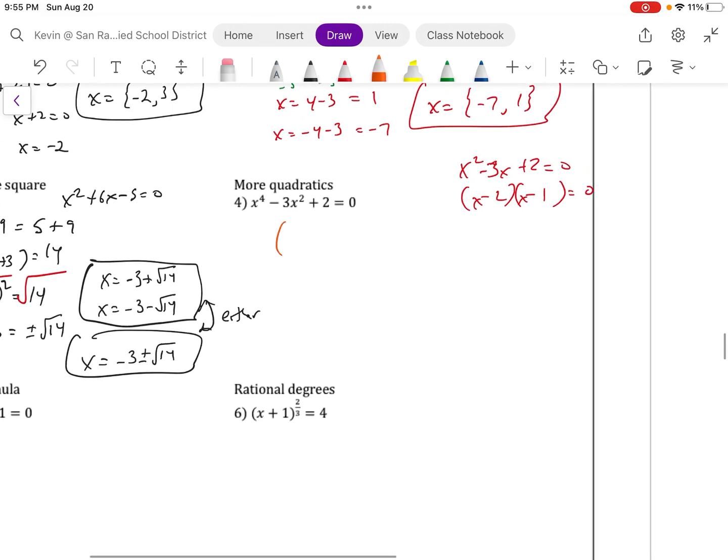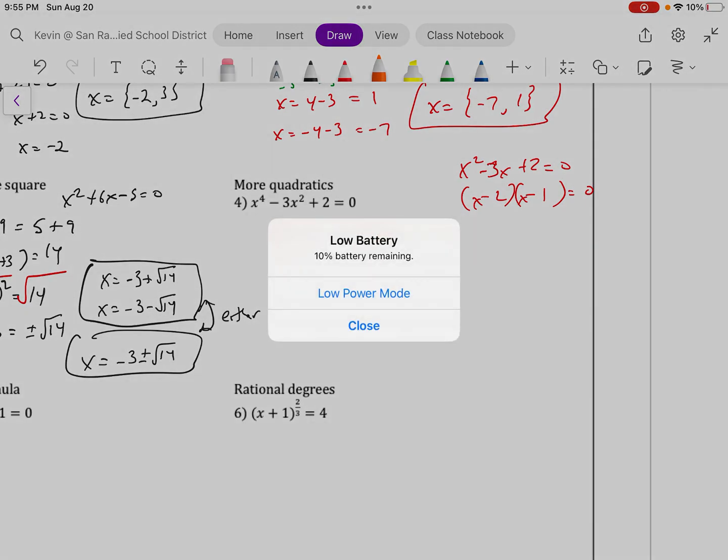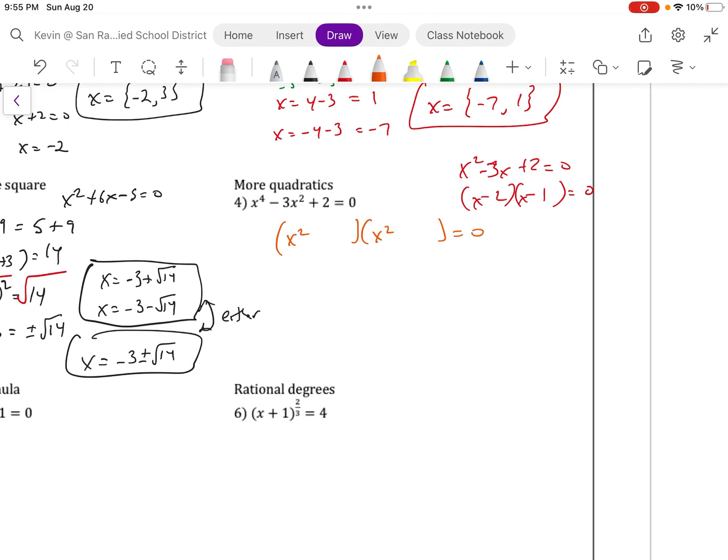So instead of being an x, we have an x squared. We have an x squared equals 0. And again, this is going to be 2, 1, and this is negative. So now we have x squared minus 2 equals 0. x squared minus 1 equals 0. x squared equals 2. x squared equals 1. x equals plus or minus the square root of 2.